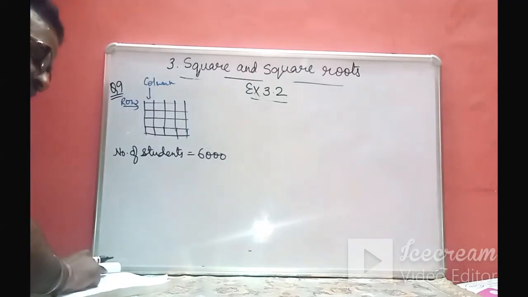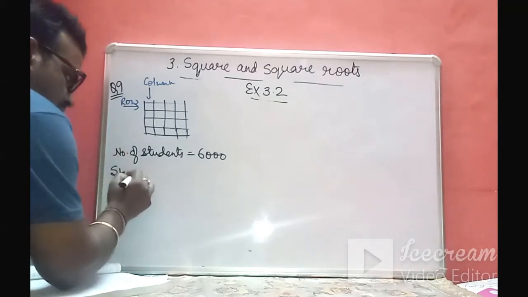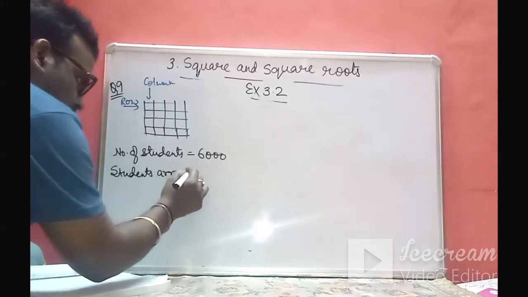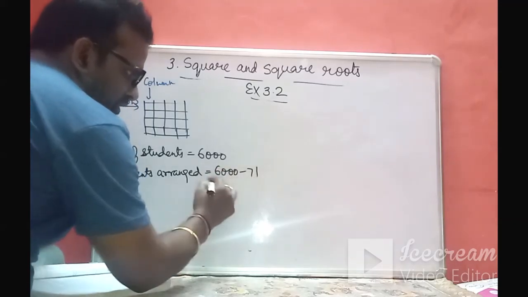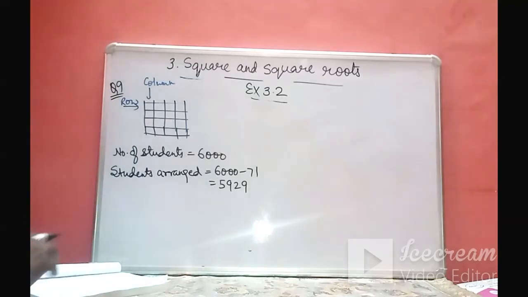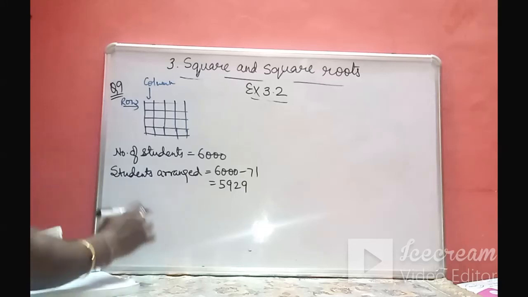That is why it is written that 71 students were left out after the arrangement. So we can say the students arranged is 6000 minus 71, that is 5929. These many students have been arranged.